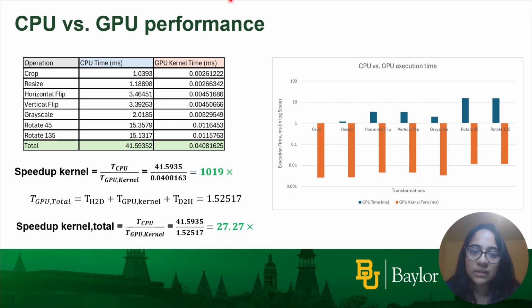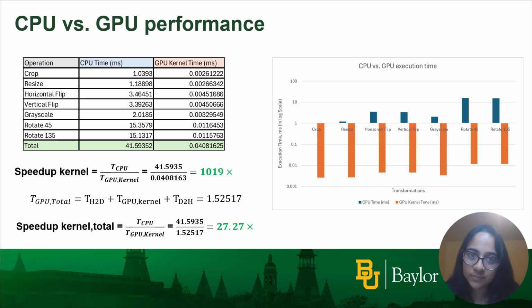However, the kernel-only speedup doesn't include the data transfer. When host to device and device to host transfers are included, we get the total speedup, and for this GPU it is 27.27 times faster than the CPU. So CUDA still provides a very large performance improvement even when the memory transfer overhead is included.